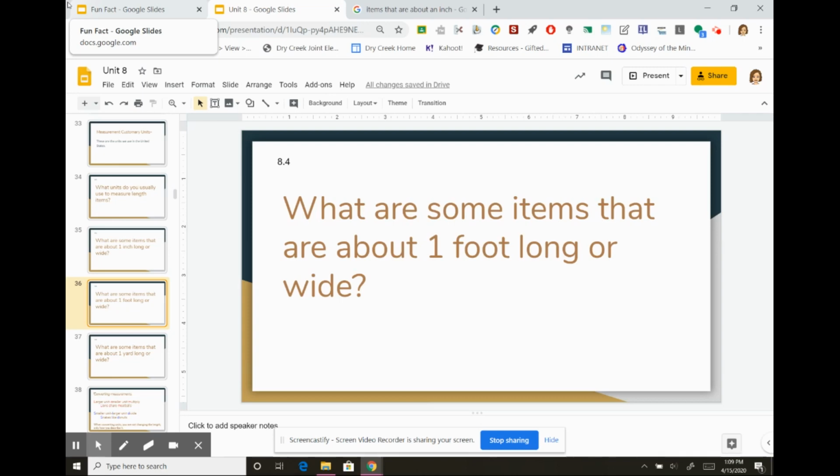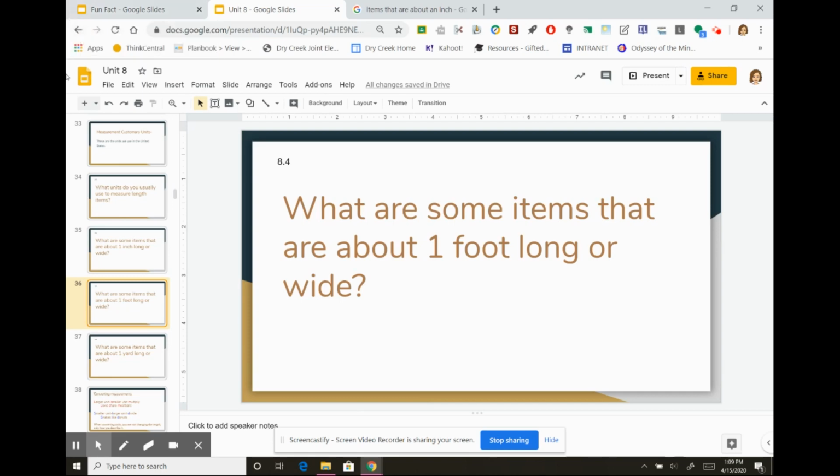Someone else was told he needed a certain number of feet of something, but his foot obviously wasn't the same size as someone else's, so they got less than they needed. I can't remember the complete story, but anyways, it came about that we needed a standard unit of measurement, and so the 12 inches or the foot came about because of that.